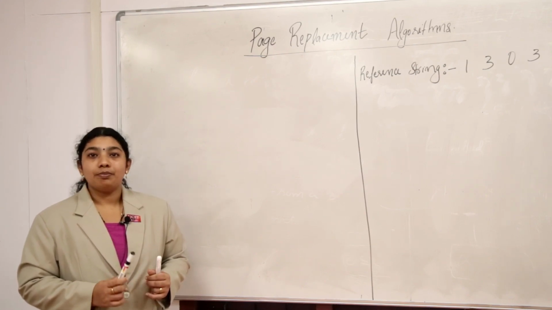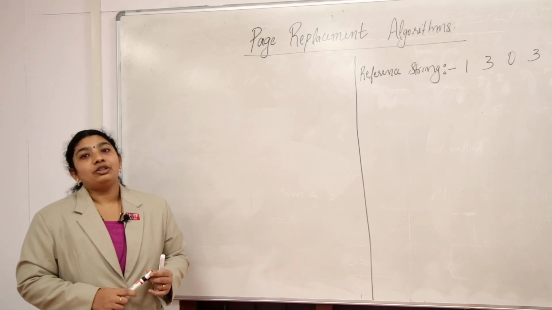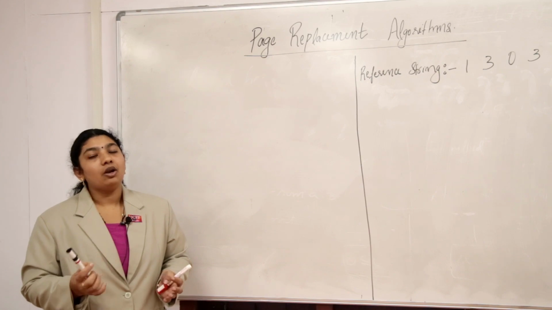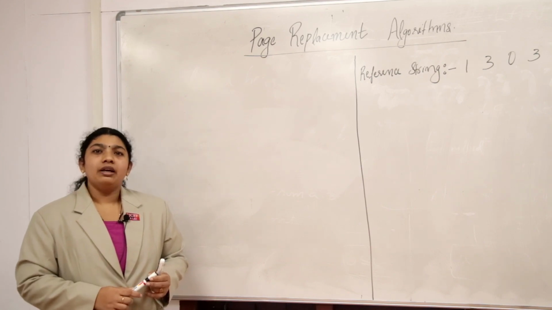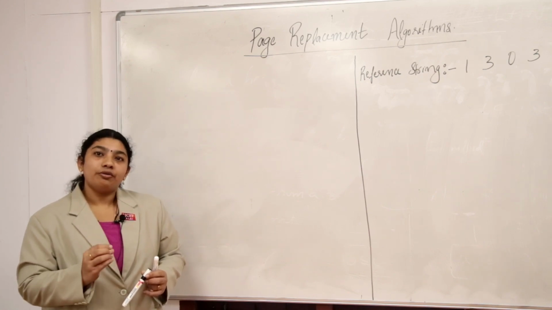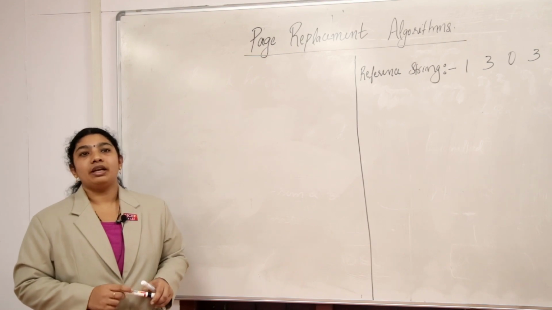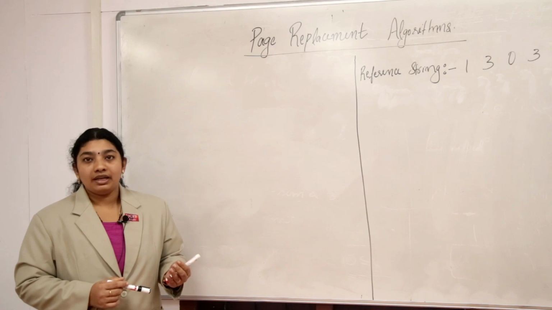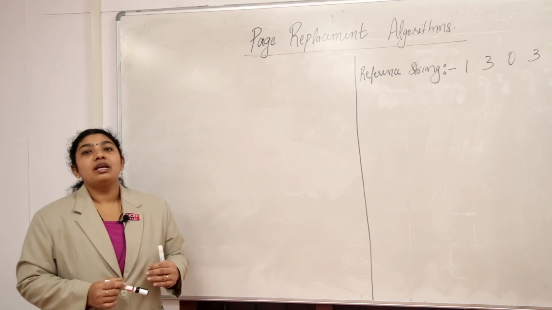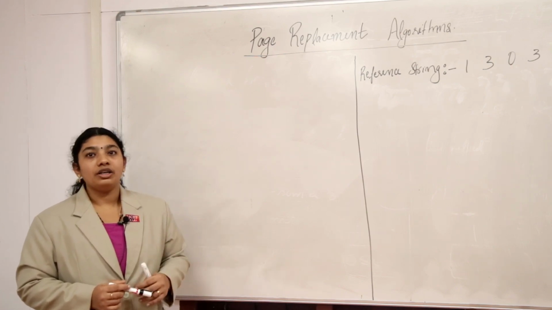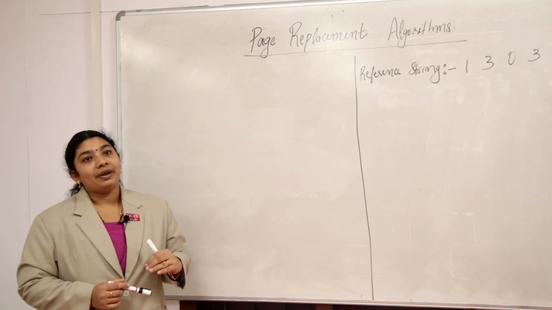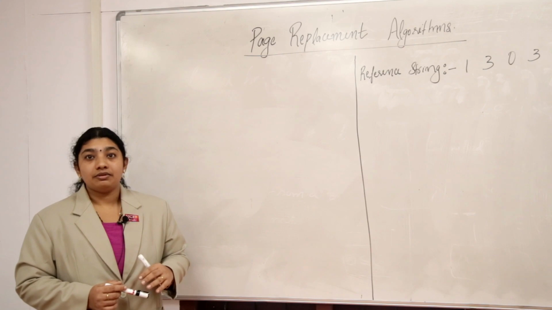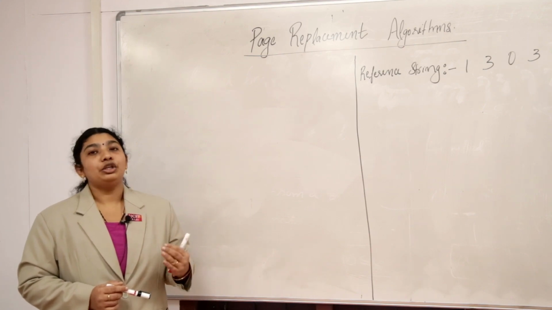Whenever a page miss occurs, we need to load the corresponding page to the physical memory from the logical memory. If there are no free frames available in the physical memory for loading this new page, we need to replace or remove some of the existing pages so that the new page can be loaded. This is where page replacement comes in.